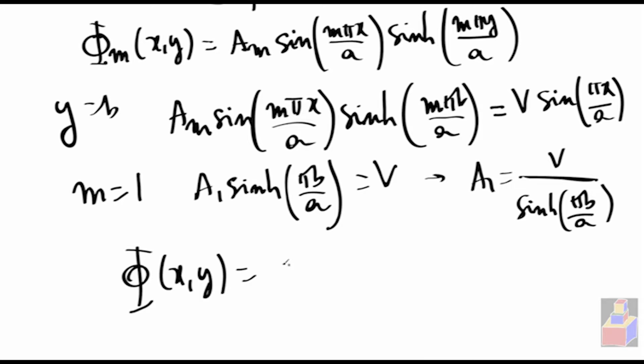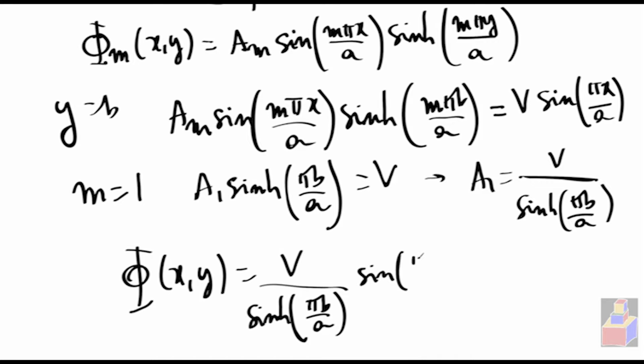V volts, in general, the potential function is given in volts in the SI unit system. So it's going to be V divided by hyperbolic sine. So that's our solution, okay?